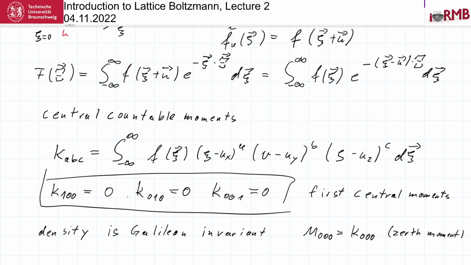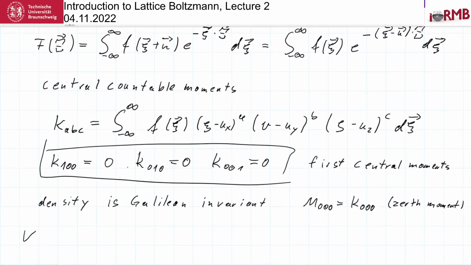So what you could probably guess now, we distinguish moments, especially countable moments, by their order. So the order of a moment is the sum of its indices.